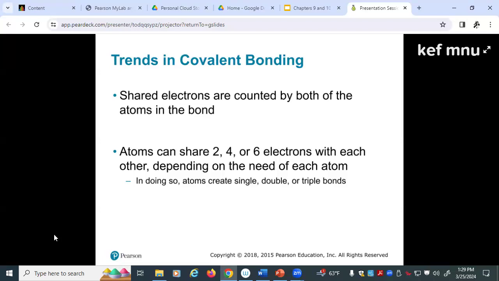When 6 electrons are shared, 3 from each atom, we call that a triple bond. As you might expect, as each new bond gets added, the strength of the interaction between the 2 atoms increases. The more electrons they share, the more attracted to each other they become, the stronger that bond between them is.